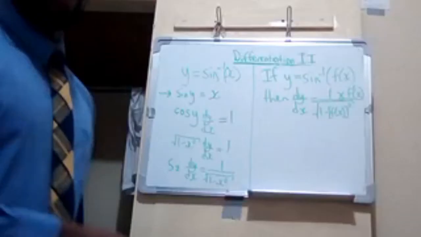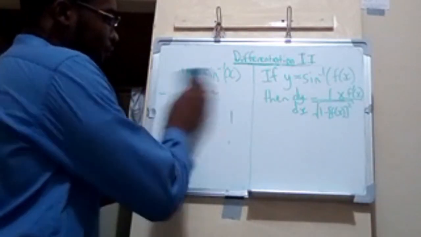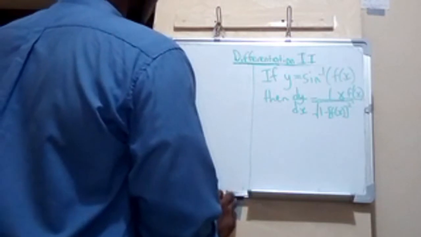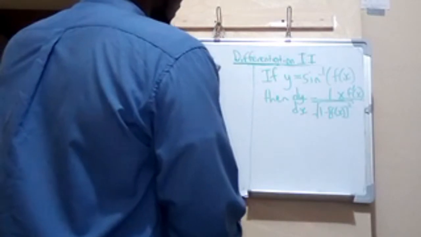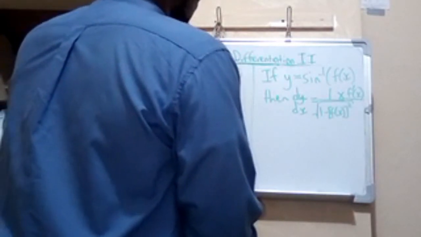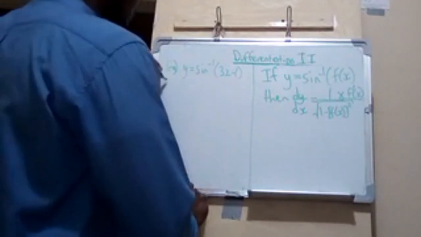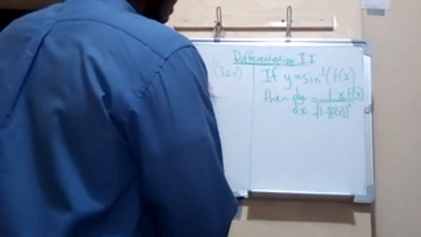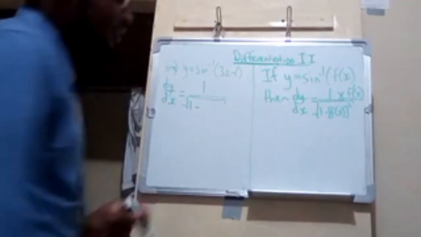So let's do an example. Let's say y is equal to sine inverse of 3x minus 1. Then dy by dx is equal to 1 over the square root of 1 minus f of x squared, times f prime of x.